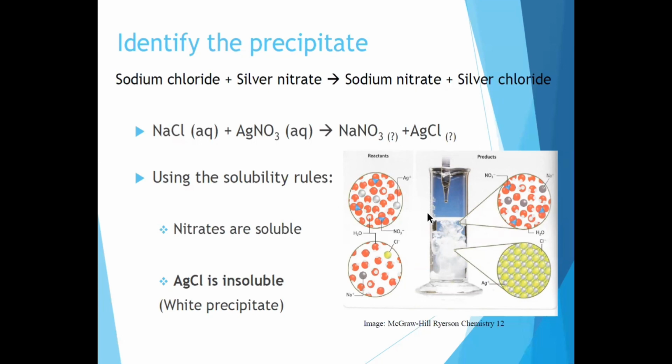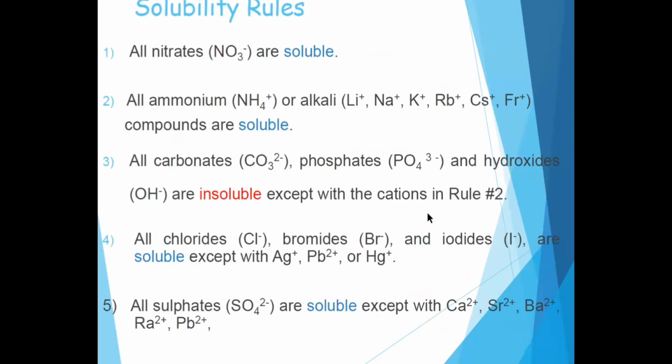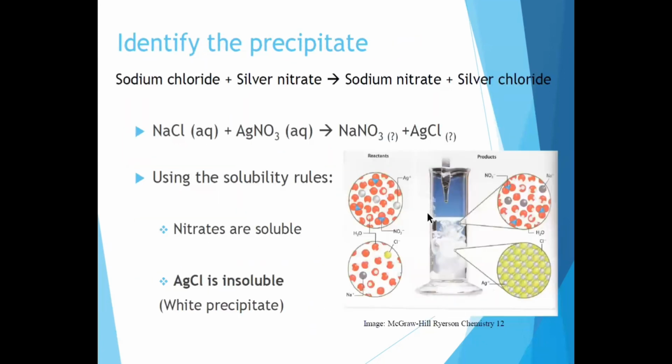And for AgCl, we go back to our rule. Chlorides are soluble except when combined with Ag, Pb2+ or Hg+. Because this is AgCl, we know it's going to be a precipitate, which means it's going to produce a solid at the bottom, so its state will be solid.